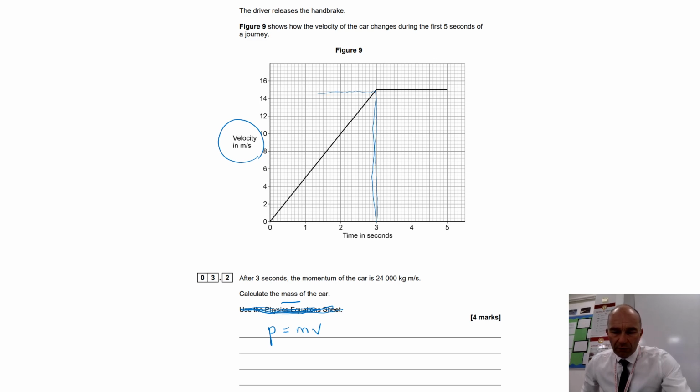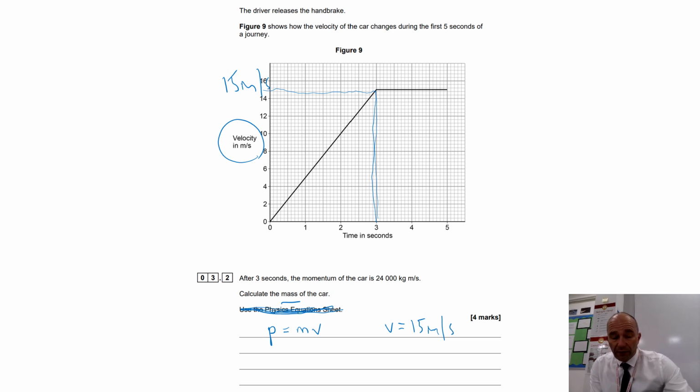Draw it across to the y-axis, and the velocity of this car is 15 meters per second. Just by saying v equals 15 meters per second, you've got your first mark. This is massively generous. You've got 4 marks for this calculation, and it's being able to use the graph properly.